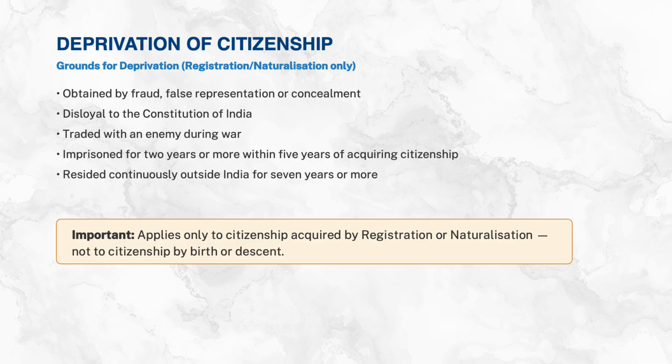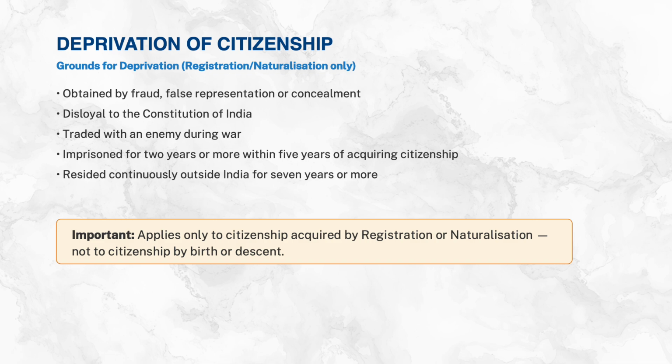Okay? So very important. It applies only to citizenship acquired by registration or naturalization. Not by birth or descent, right? Those have always been a part of India, but people who become Indian citizens through registration were not in India.